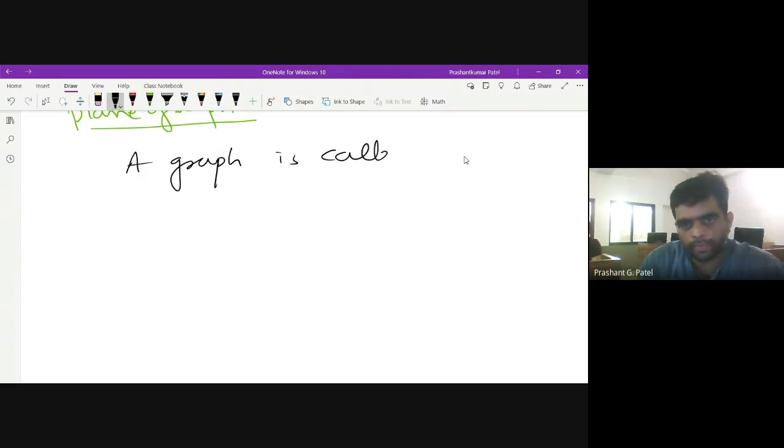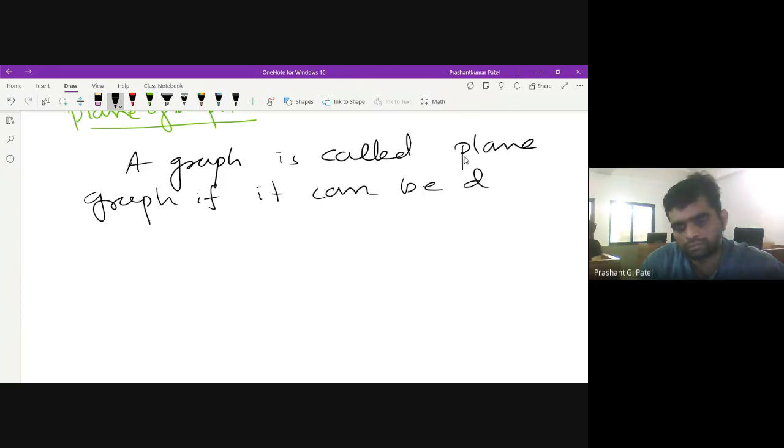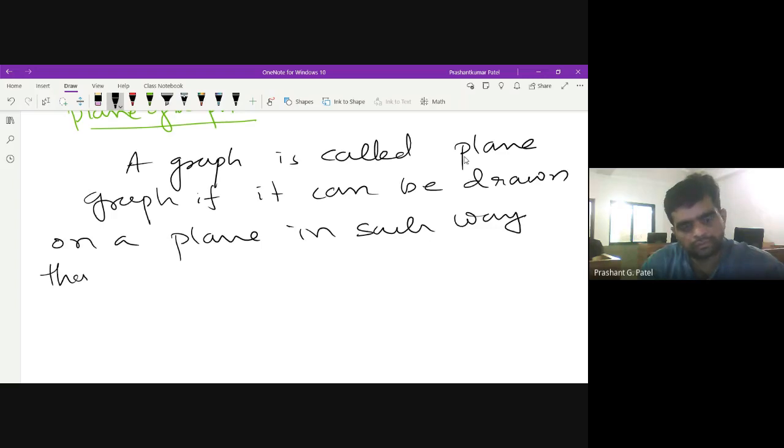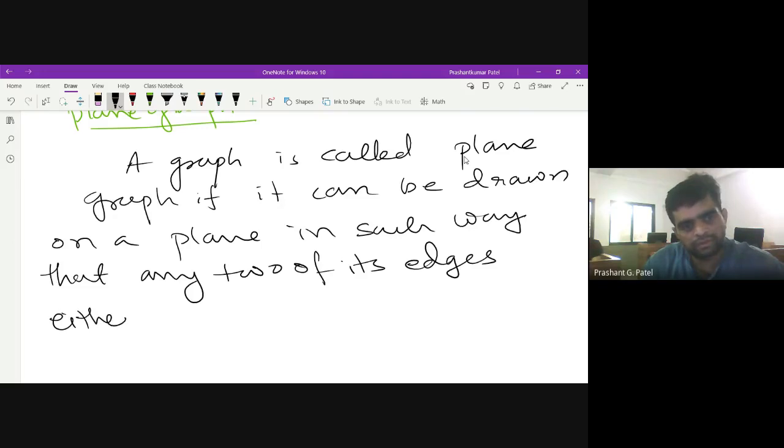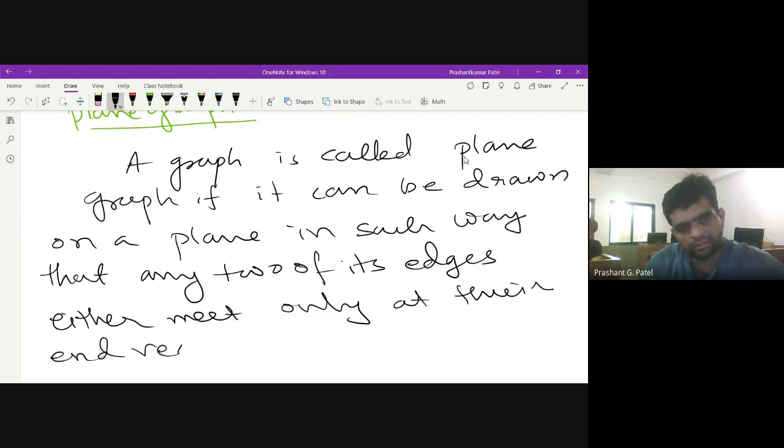It's called a plane graph if it can be drawn on a plane in such a way that any two of its edges either meet only at their end vertices, or they do not meet.